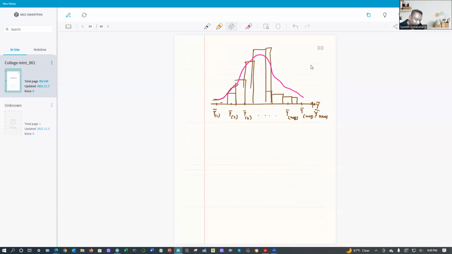That's the density curve. That's another curve. Smooth curves. You need the approximate curve. This one is an approximate normal curve.